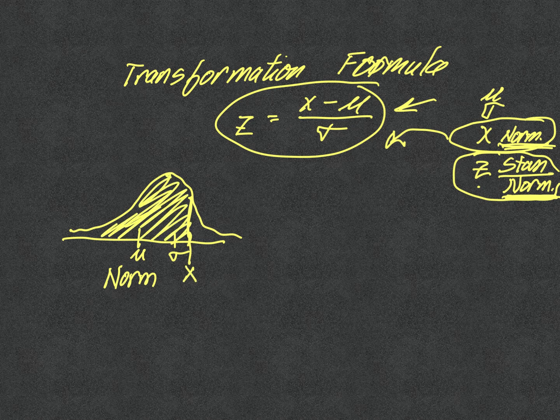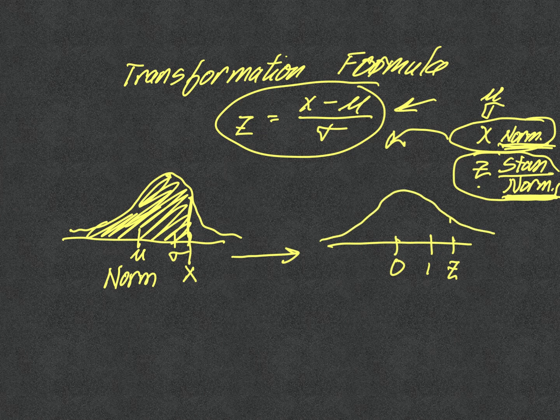So we're trying to find that probability. Well, what we do is we convert it to the corresponding Z-score that matches up with this piece of data.